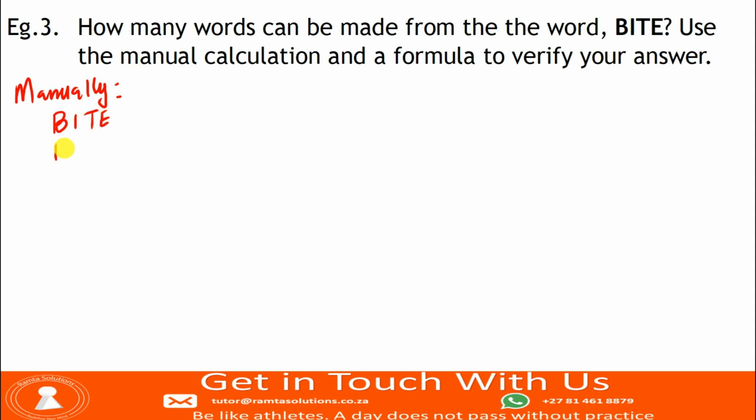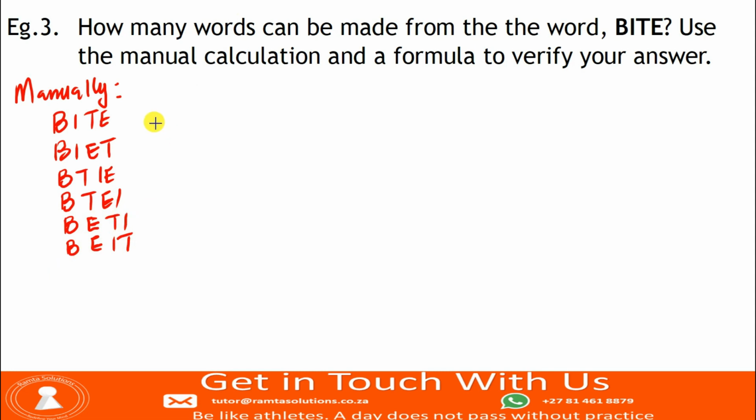We can also have B, I, E, T. We can have B, T, I, E. We can have B, T, E, I. We can have B, E, T, I. We can have B, E, I, T. And what else do we need?